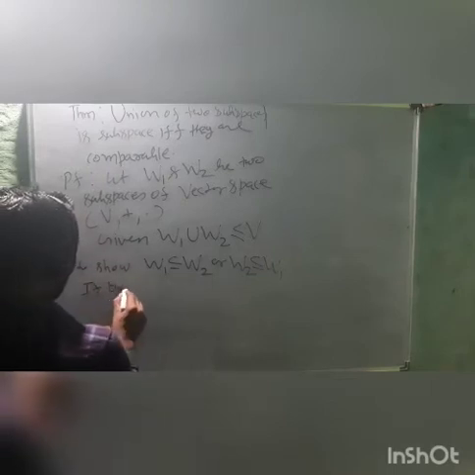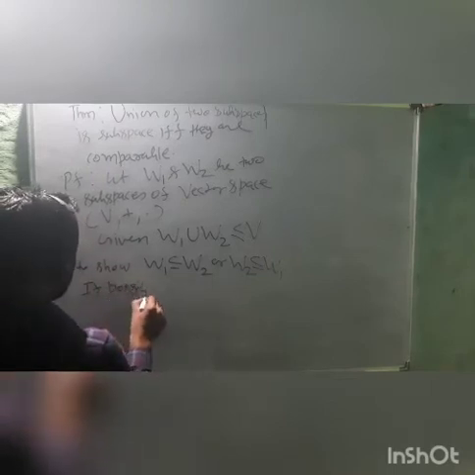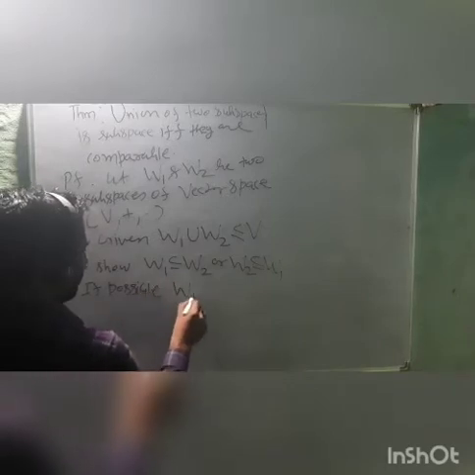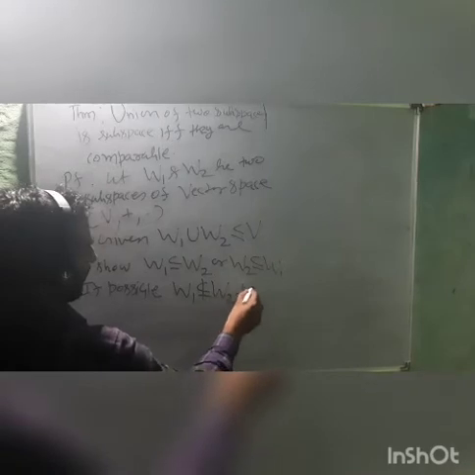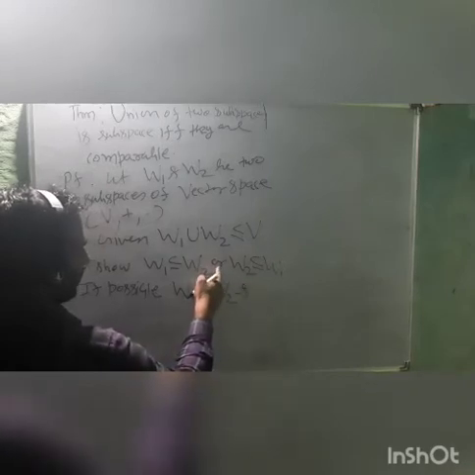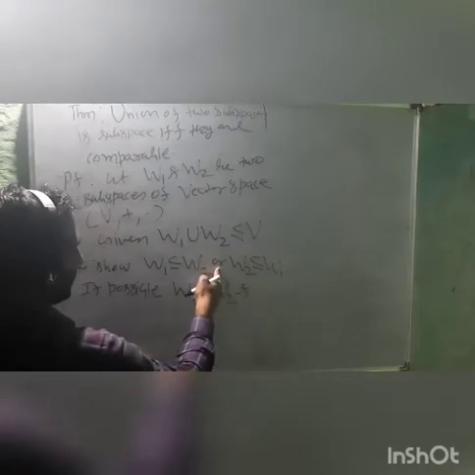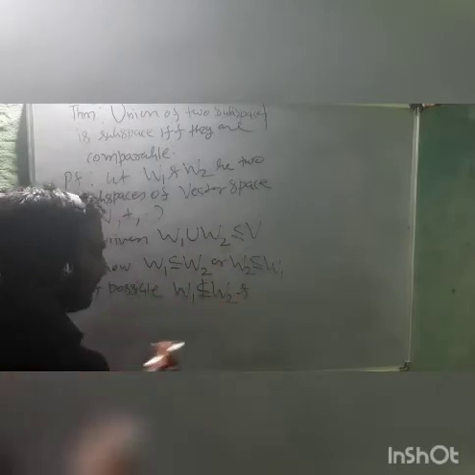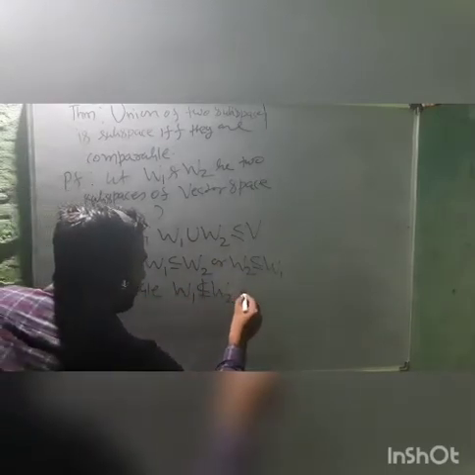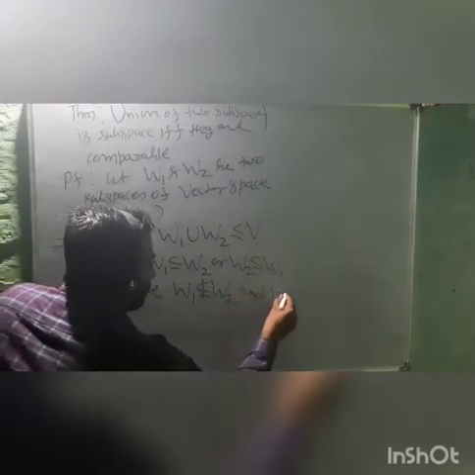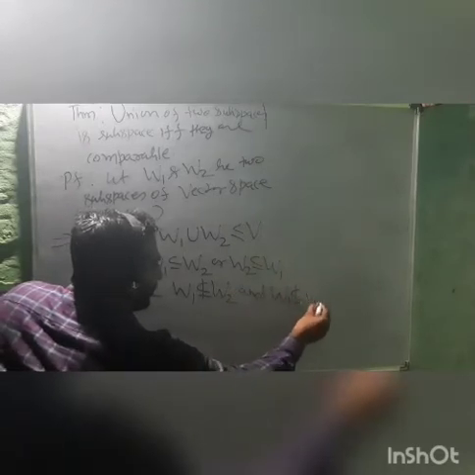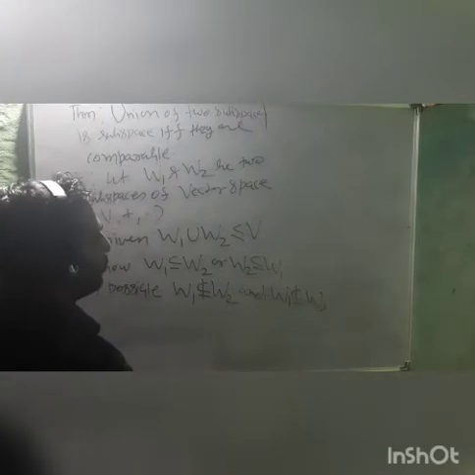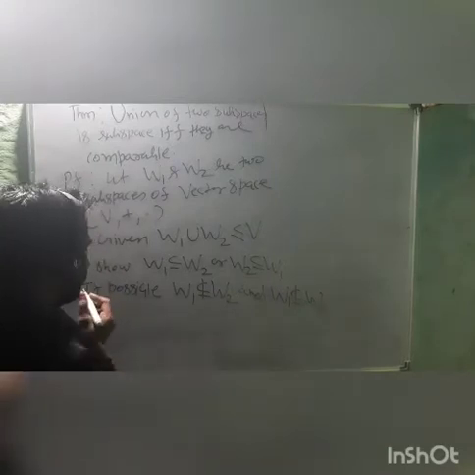If possible, W1 is not contained in W2 and, if we negate the 'or', it will change to 'and', W2 is not contained in W1. Okay, so this is going to be there.